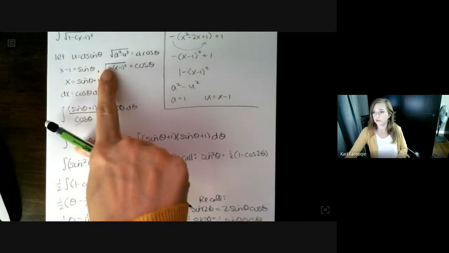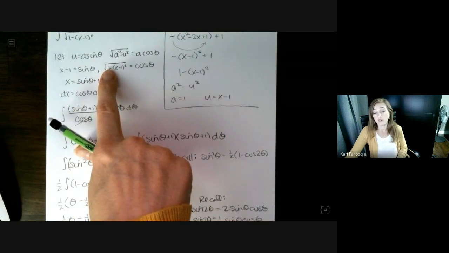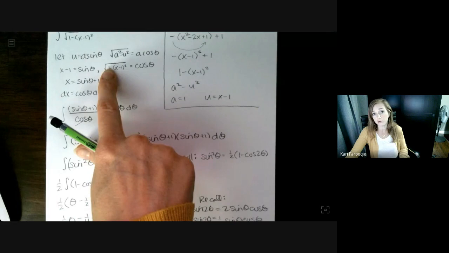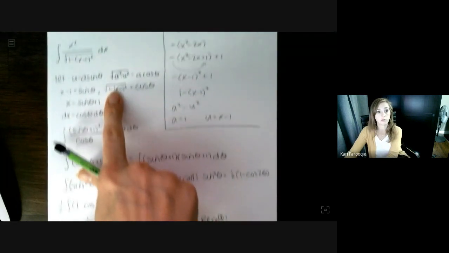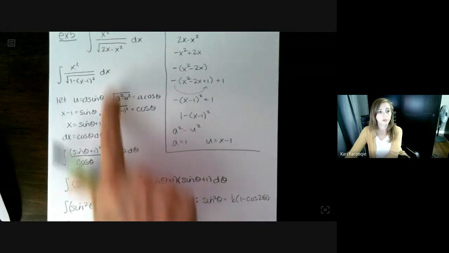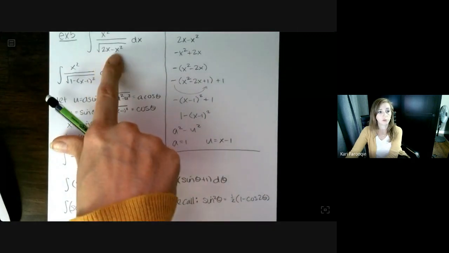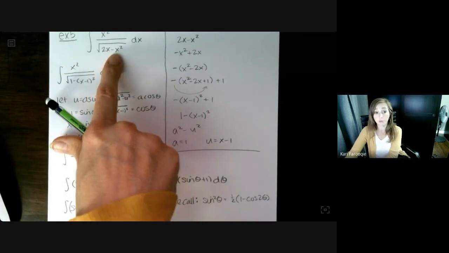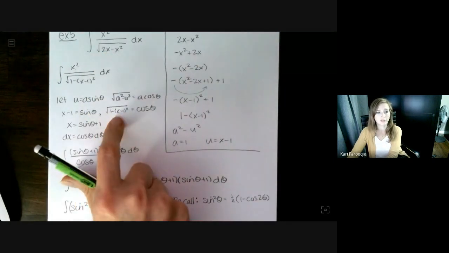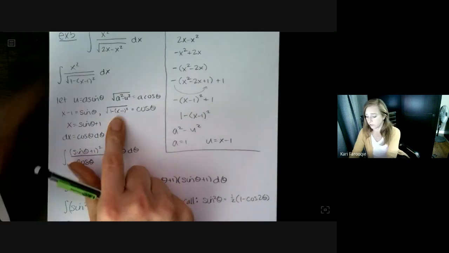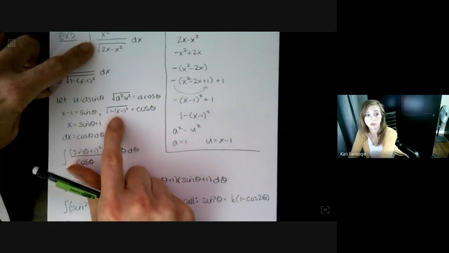Cosine theta is our radical. Since we have an indefinite integral, you might find it easier to rewrite this in its original form, which was the square root of 2x minus x squared. I'm probably just going to write mine like this, because it looks slightly more simplified, but they're the same thing. You decide which form you want to use.